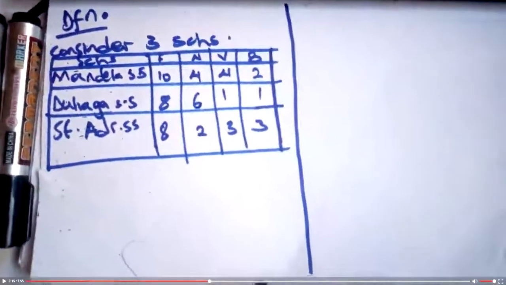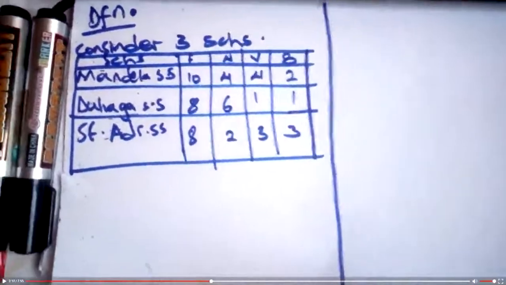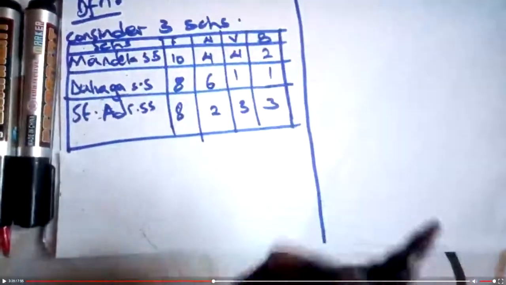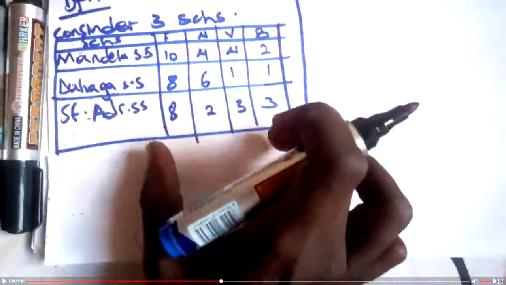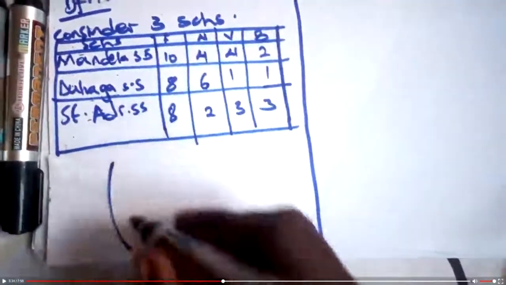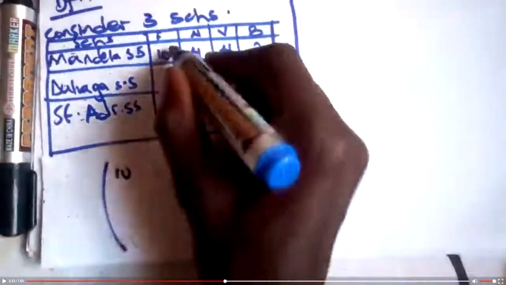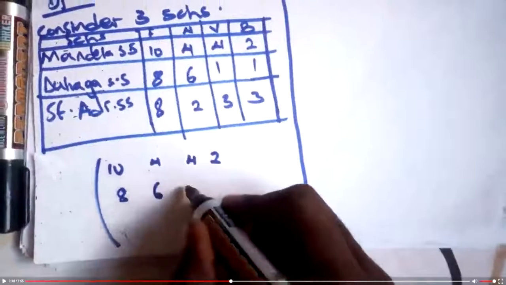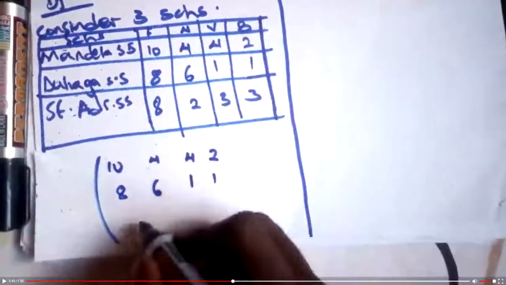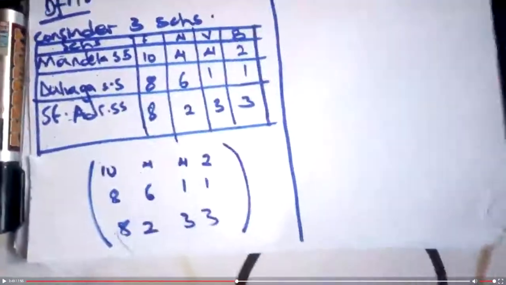Okay, now what we do, we arrange this information in a rectangular form. You can see that this is a store of information about the schools which are participating in a Coca-Cola tournament, but I can easily write this one under brackets and say this is a 10, a 4, a 4, a 2, a 6, 6, 8, 6, 1, 1, 8, 2, 3, 3, and I close the bracket.